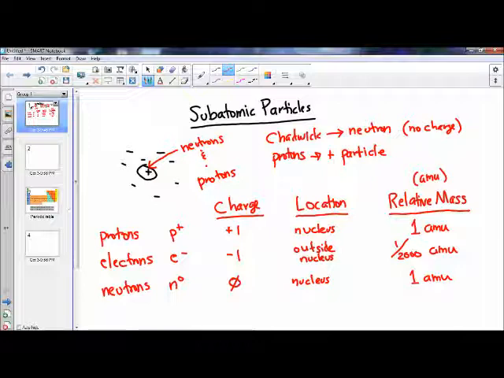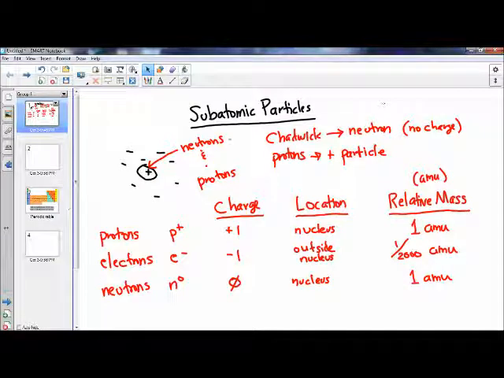We don't have any element that has 2,000 electrons. So when we talk about how heavy elements are, we're really just focused on how many neutrons and protons are in the nucleus, because the mass of electrons is what we call negligible. It really doesn't matter when we're talking about mass.